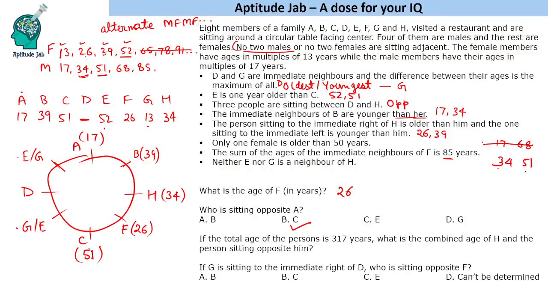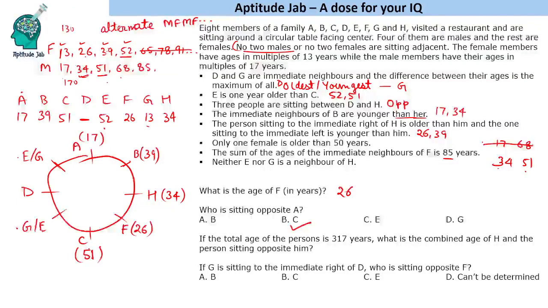If the total age of the persons is 317 years, what is the combined age of H and the person sitting opposite him? So let us add these ages. If you see, these are the first four multiples of 13. So if you add these four, you will get 130. If you add these four, you will get 170.